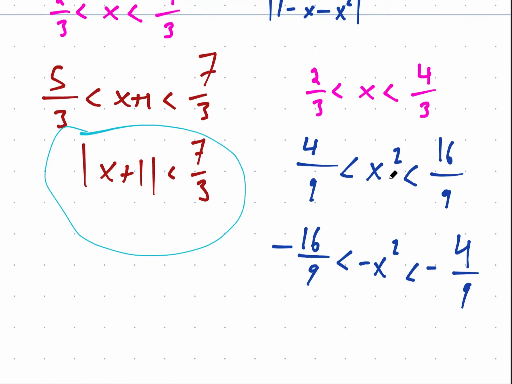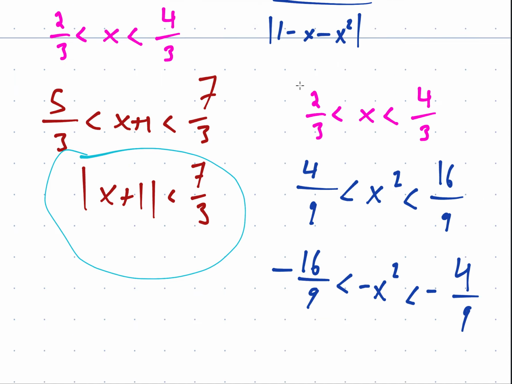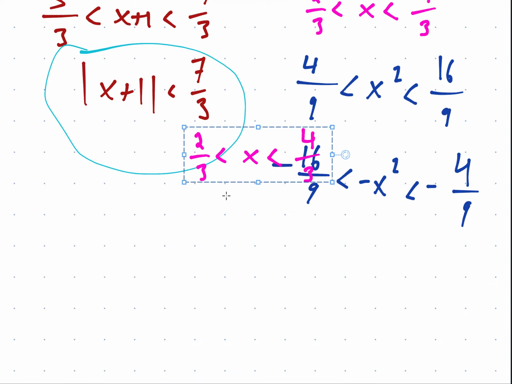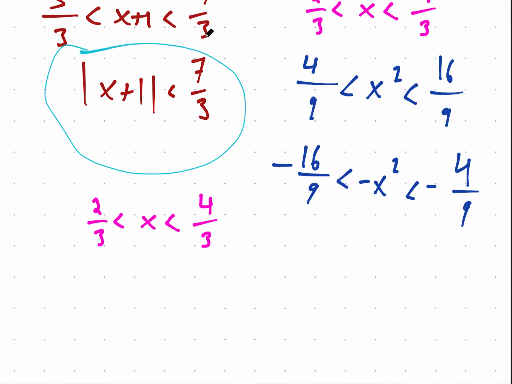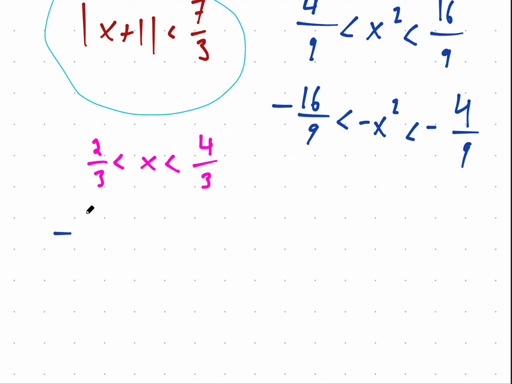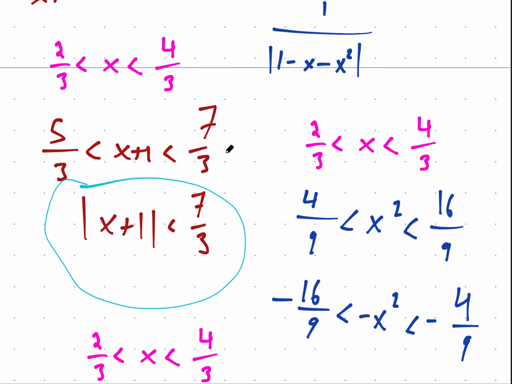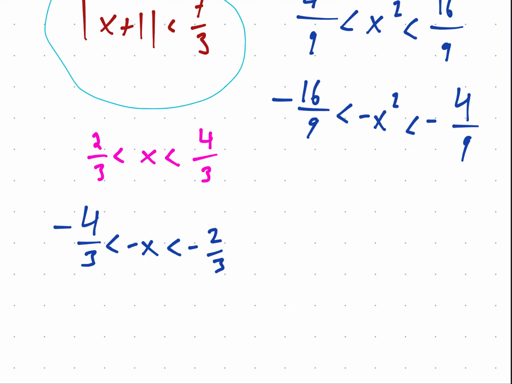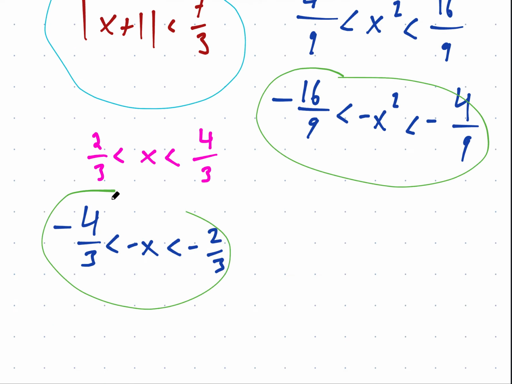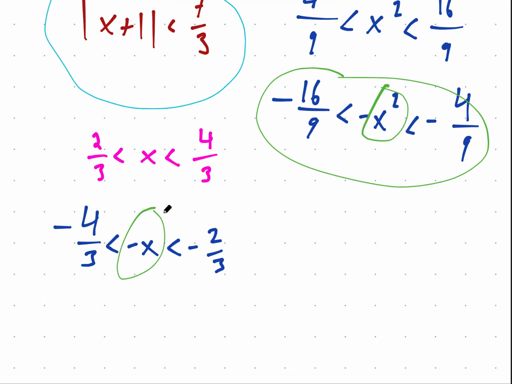Okay, now we can take this same x and copy and paste it again, because we're going to have to be adding these inequalities together later. So taking the negative of that, we get negative 4/3 is less than negative x, which is less than negative 2/3. All right, and now we can add these two inequalities together, because if negative x is less than negative 2/3 and negative x squared is less than negative 4/9, then the sum of these two terms should by logic be less than the sum of those terms, and that also applies to the left-hand side.